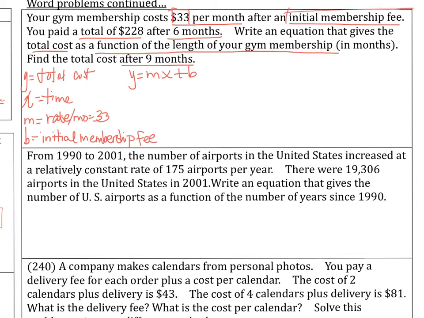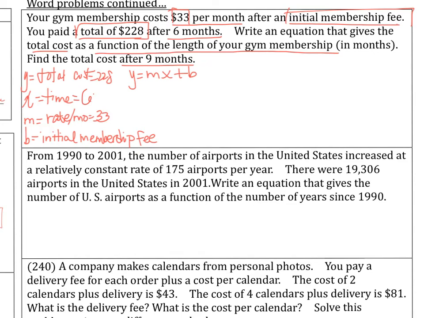And they give you the total cost of $228. They also give you the time when it's $228, which is 6 months.